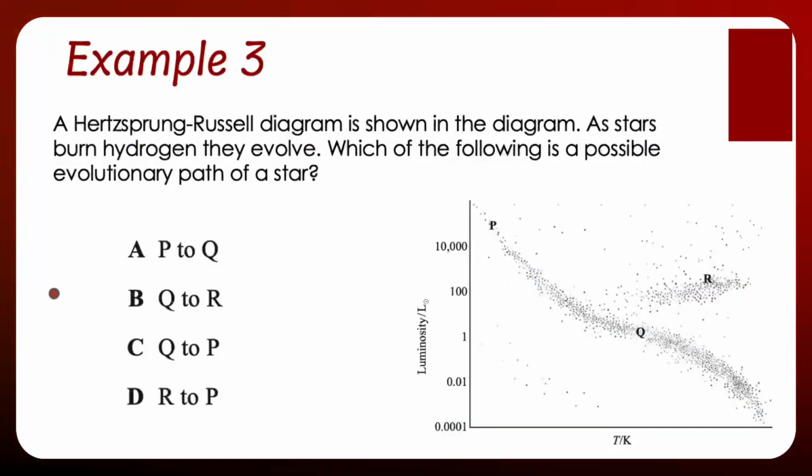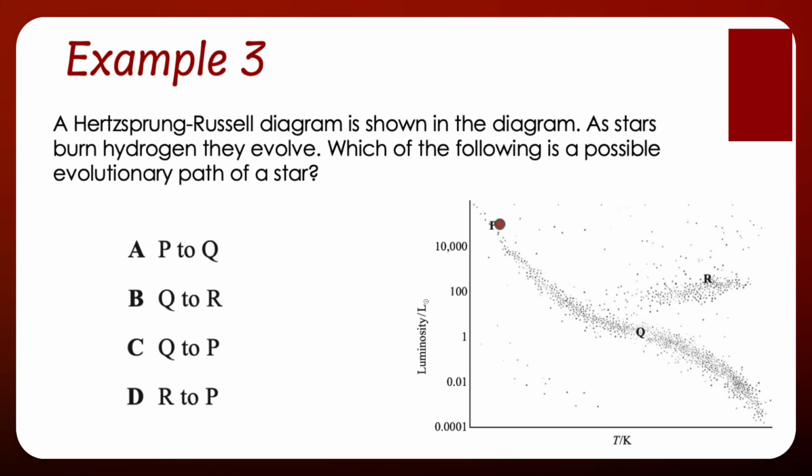And one more example. We've got the Hertzsprung-Russell diagram shown here. As stars burn hydrogen, they evolve. Which is a possible evolutionary path of the star? So remember, this is a massive main sequence star. This would be around the size of our sun, and a small main sequence star.